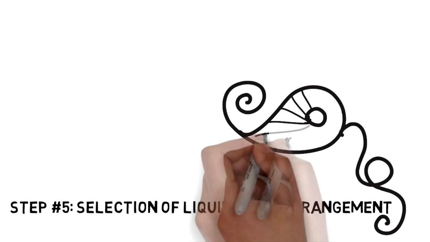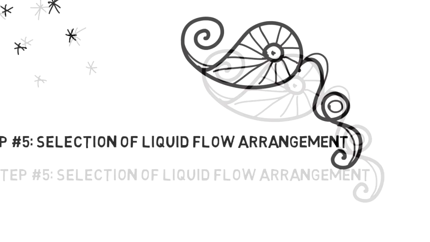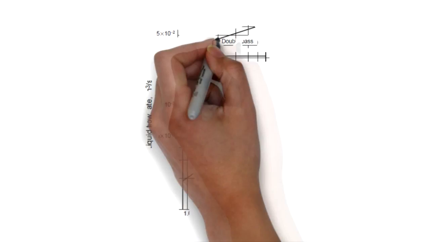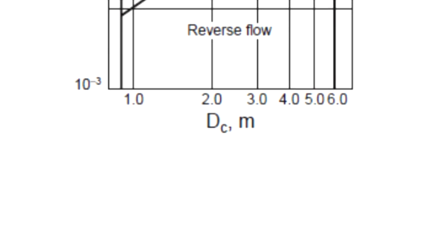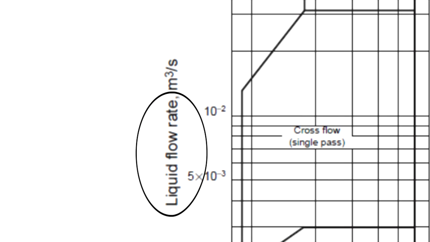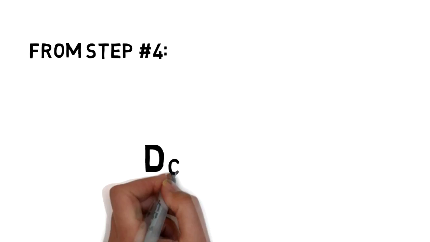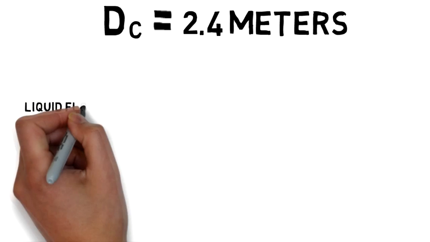Step number 5, the selection of liquid flow arrangement. This graph is going to be used. On the x-axis, we need the column diameter, while on the y-axis is the liquid flow rate. From step number 4, we calculated that the column diameter is equal to 2.4 meters.